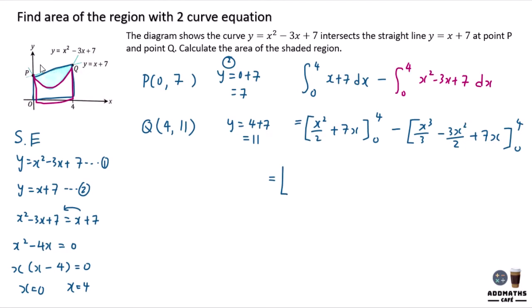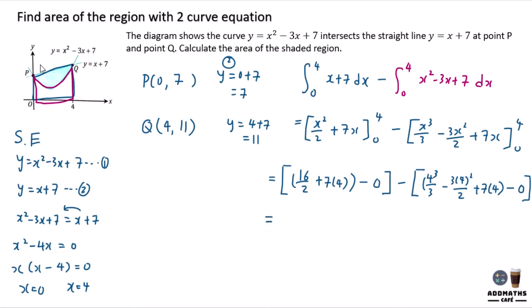So first apply 4, you will get 16 over 2 plus 7 times 4 minus 0 for the first part, minus the second part, which will be 4 cubed over 3 minus 3 times 4 squared over 2 plus 7 times 4, minus 0. By using the calculator we get the first part, which is 36, minus the second part, which is 25 1 over 3.